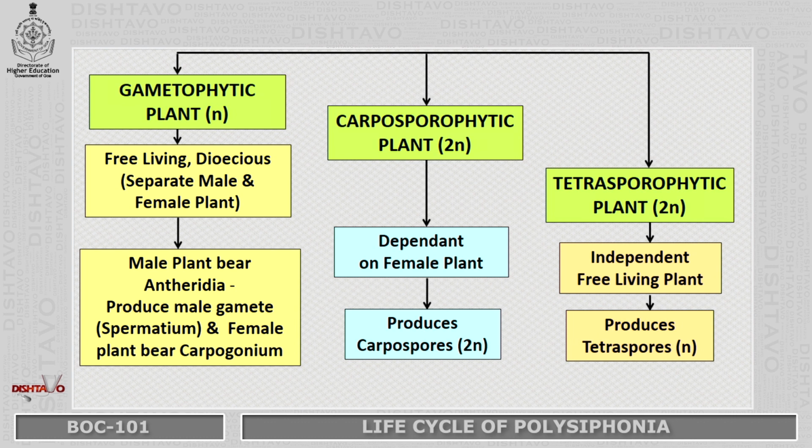The carposporophytic plant, which is diploid, is dependent on the female plant and it produces diploid carpospores. These diploid carpospores give rise to the tetrasporophytic diploid plant, which is an independent free living plant and produces tetraspores.